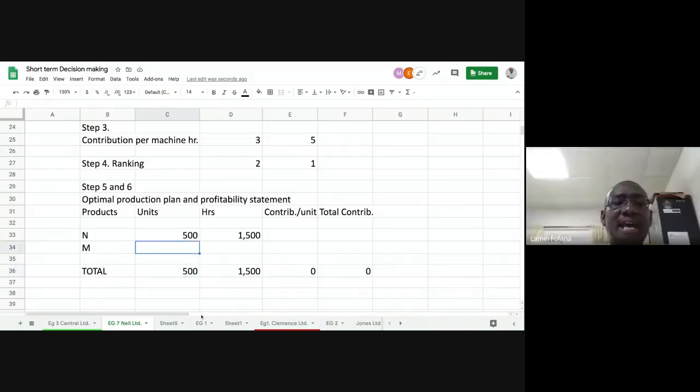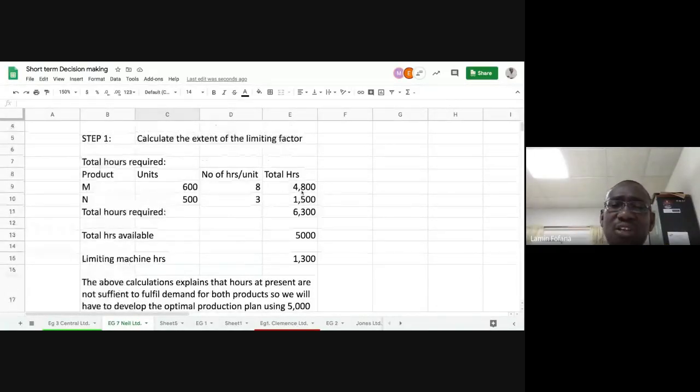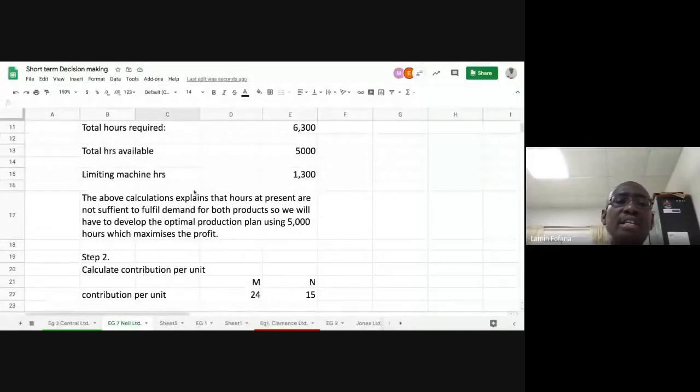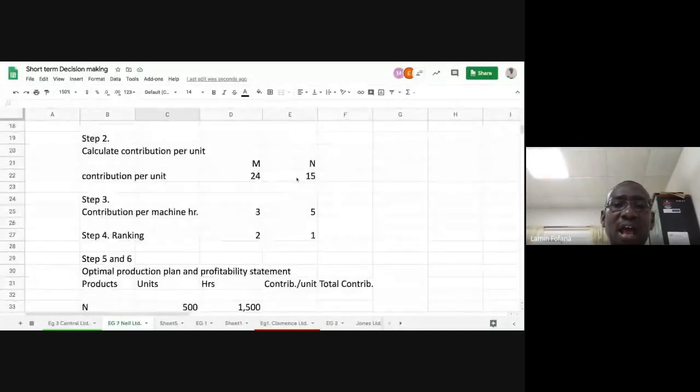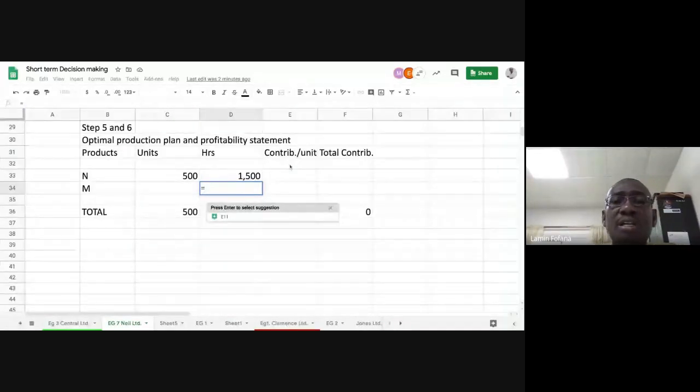So we all agreed that we cannot produce the whole of 600 units, because if we have to produce the whole of 600 units, that means we're going to require 4,800 hours. Do we have 4,800 hours available? No. The total hours available is 5,000, and we have already used 1,500 of it. So the total number of hours available for M should be the 5,000, which we already got here.